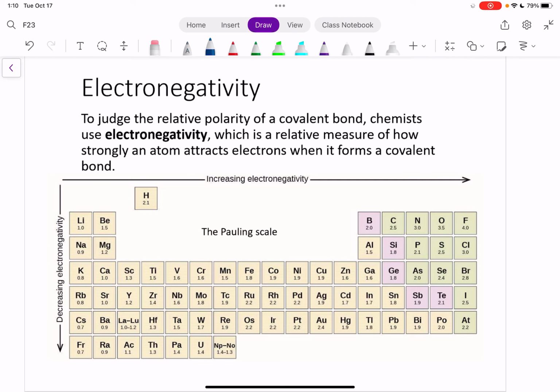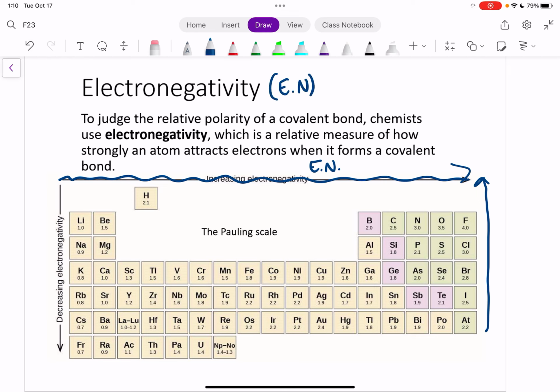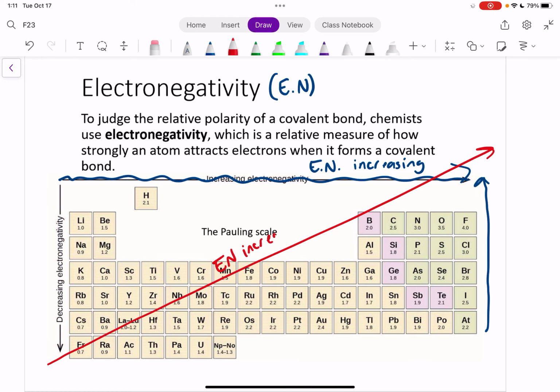So what we've noticed over time is that as we go right and up on the periodic table, our electronegativity, or EN, is increasing. So as we go right and up. You could also write that as averaging those two arrows out as a diagonal arrow, right? EN increases.